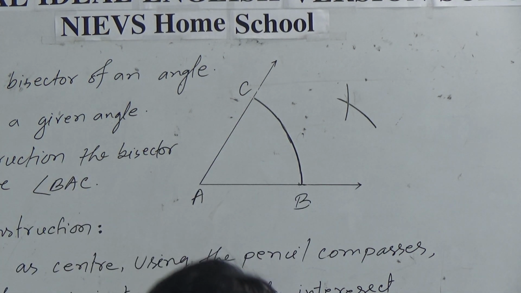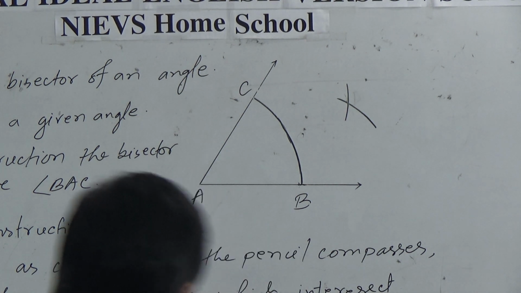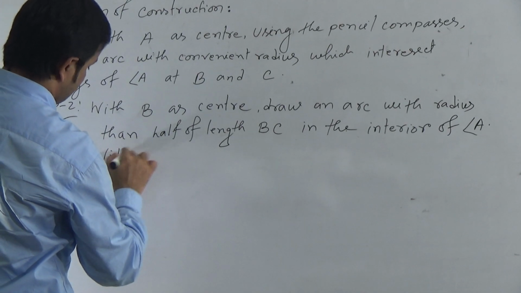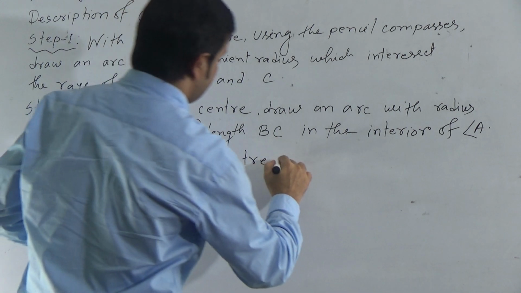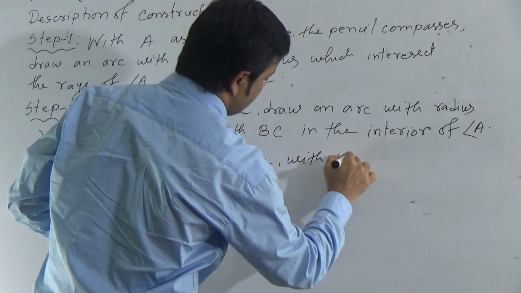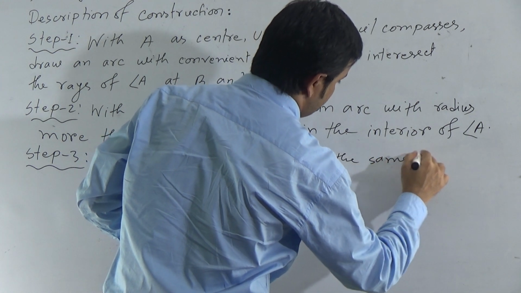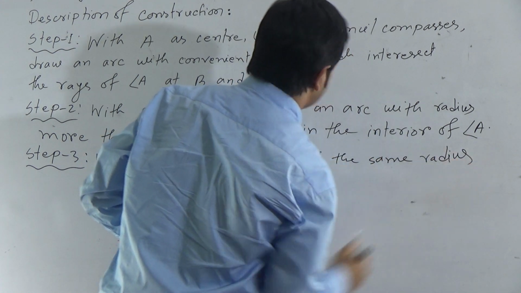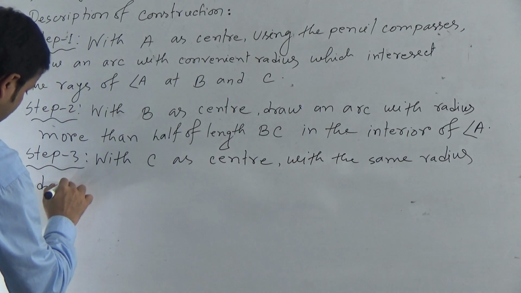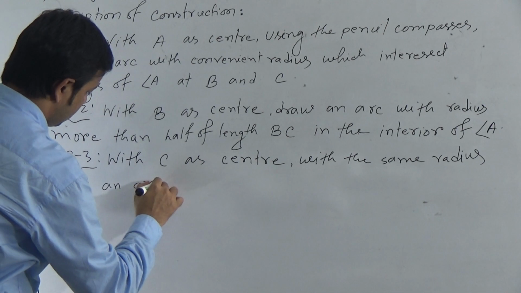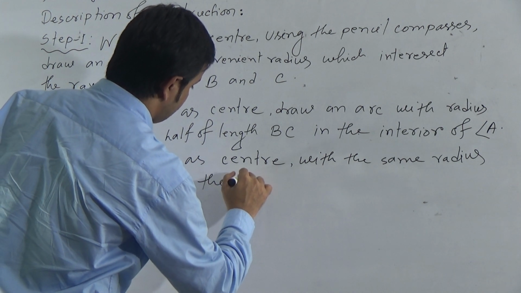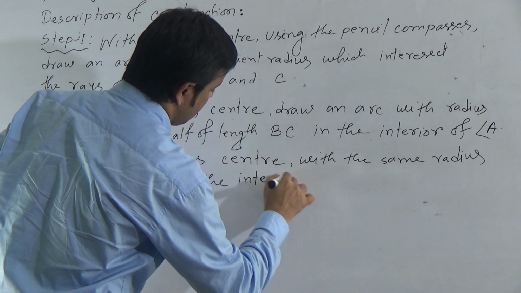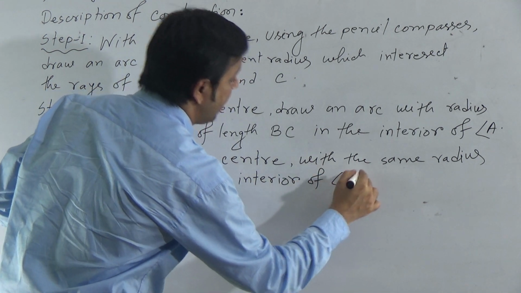So we can write with C as center with the same radius, draw an arc in the interior of angle A.